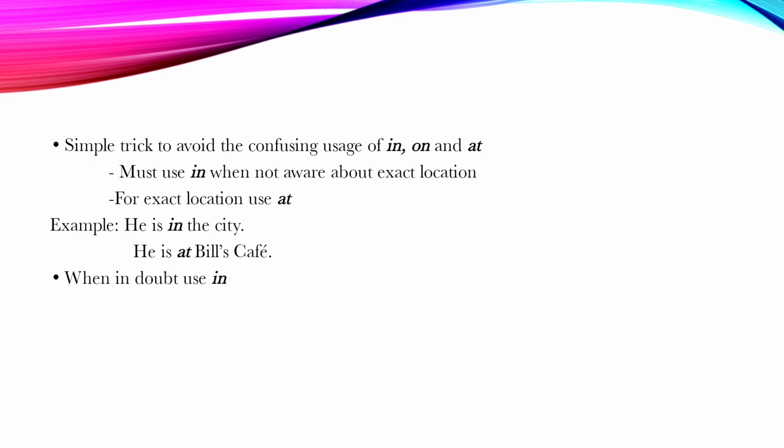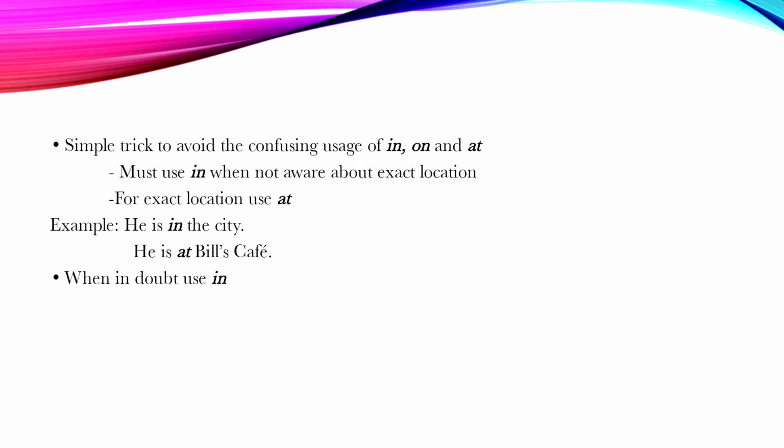The first rule that you all have to remember is you must use in when you are not aware of the exact location. If you are not aware of the exact location, then use in. And for an exact location, we must use at.